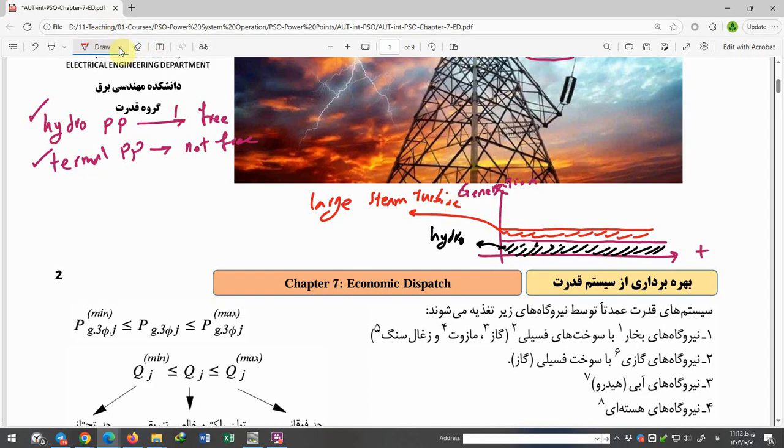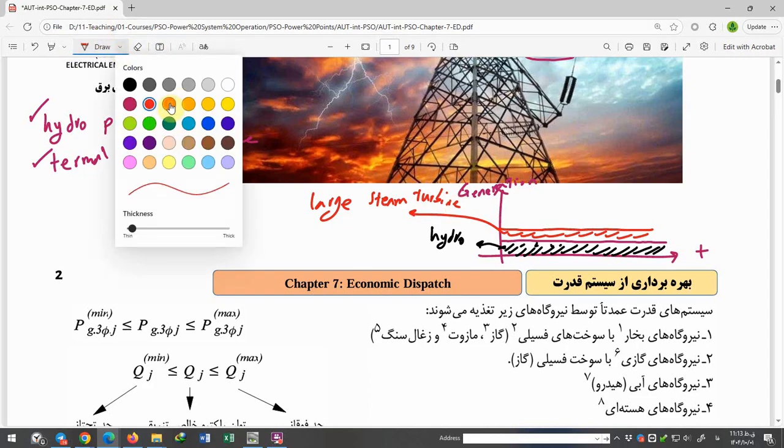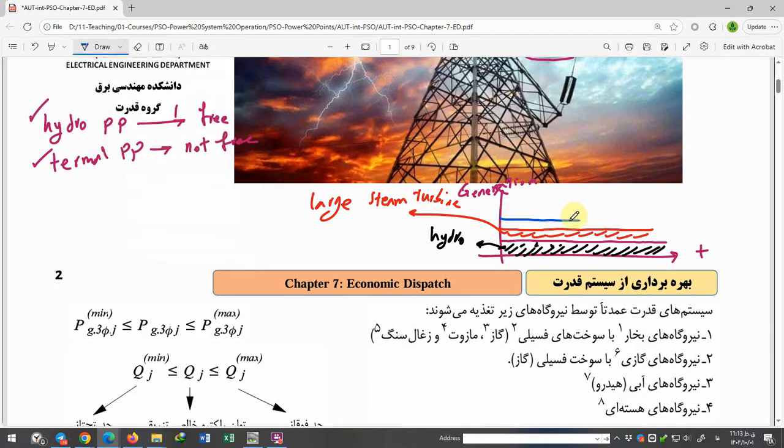Another base load is the nuclear power plant.